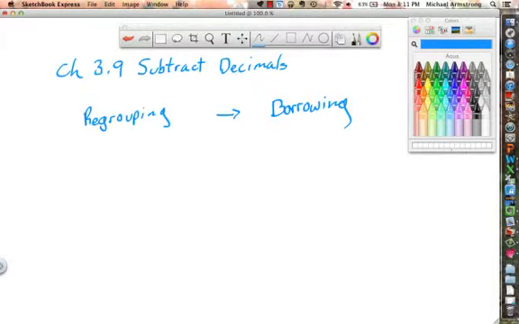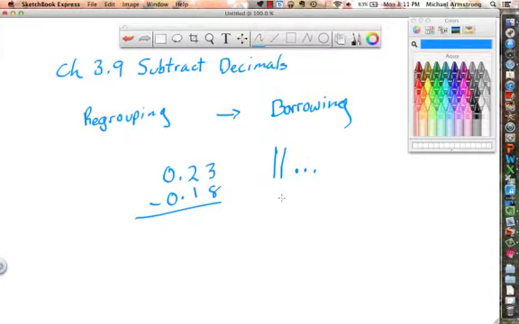Okay, for instance, if you have this number, 0 and 23 hundredths, and you're subtracting 18 hundredths from it, you've got a little problem. Now 23 hundredths, remember, looks like 2 sticks plus 3 dots, okay?